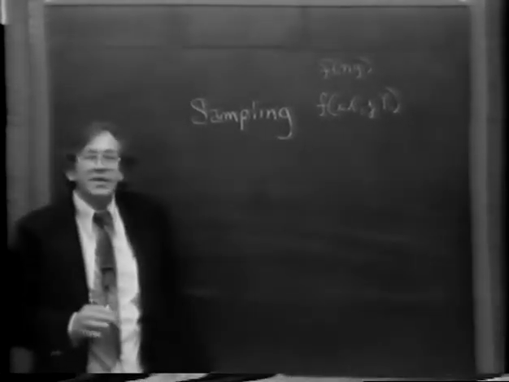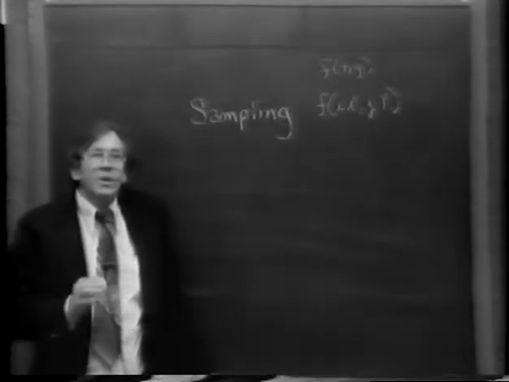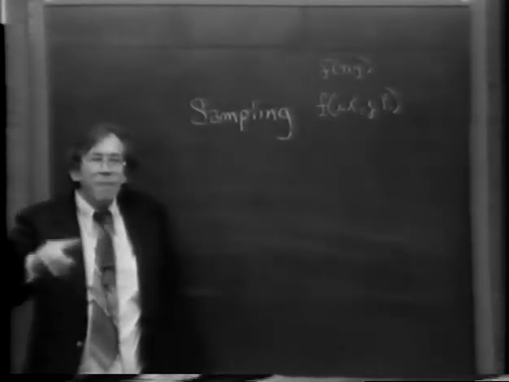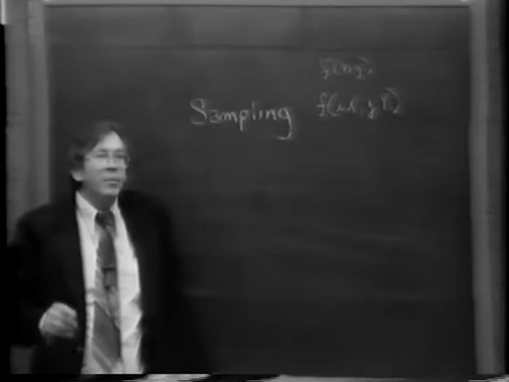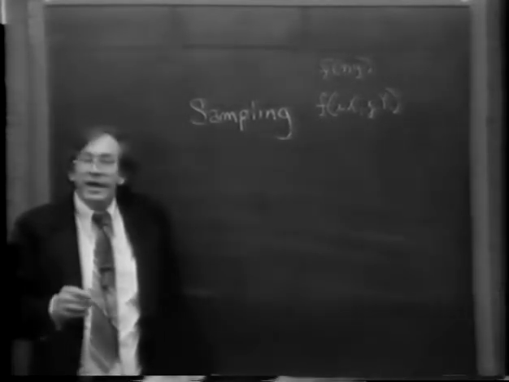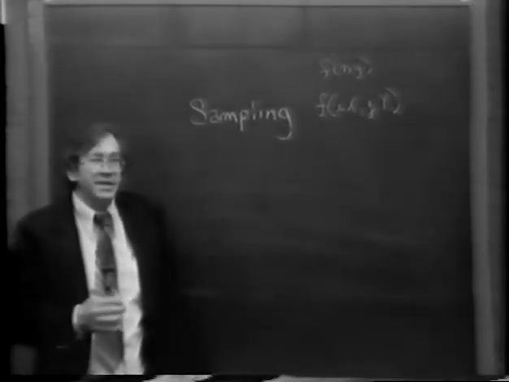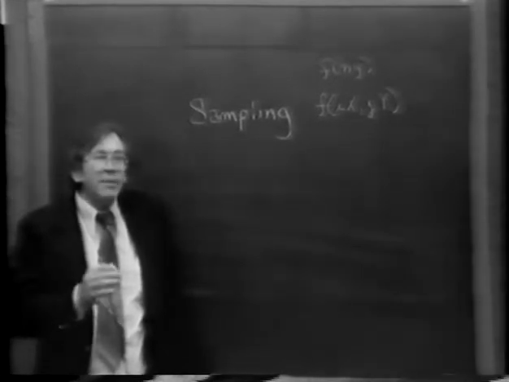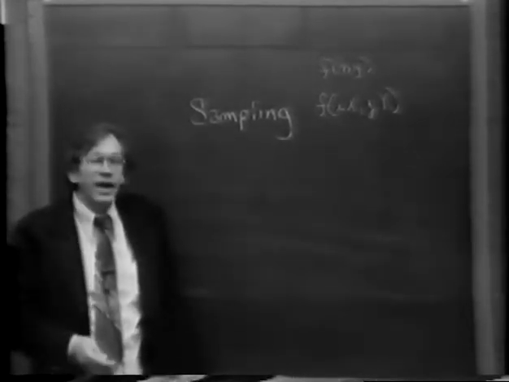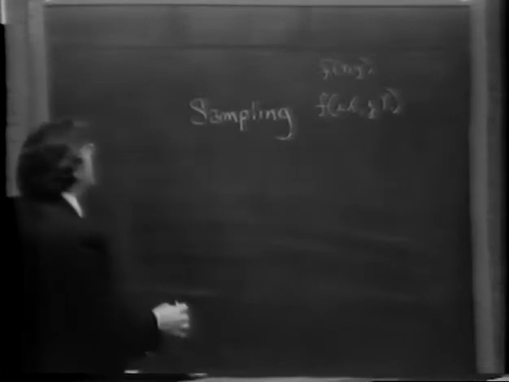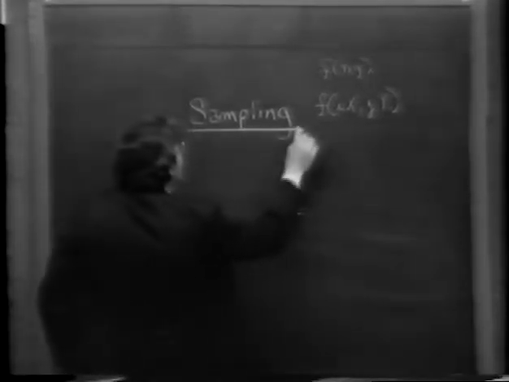It's sort of startling to look at the sampling theorem, which says that you could represent even a very continuous function by only a discrete set of numbers if you have the sampling sufficiently dense. So sampling will be one fundamental process we'll look at, and we'll look at the two-dimensional sampling theorem as well.